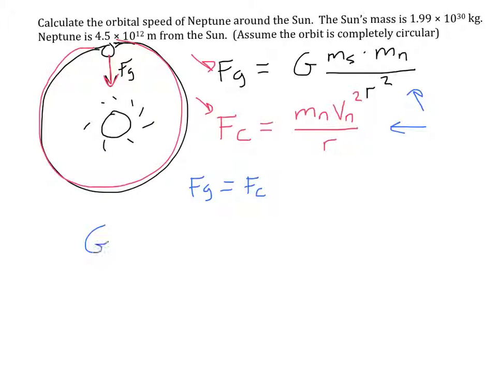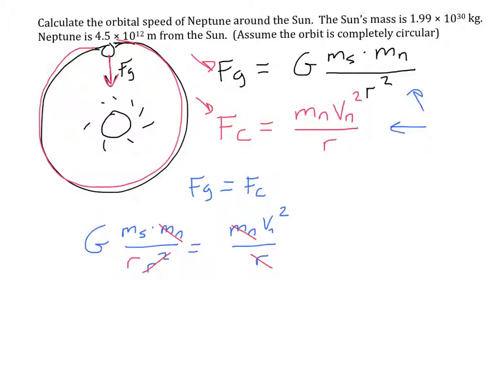So we can say that G ms times mn over r squared equals mn vn squared over r. And then we look at this and we see some terms cancel. So the mass of Neptune is on both sides, that cancels. And then r cancels here, and so the r squared cancels and becomes just r.